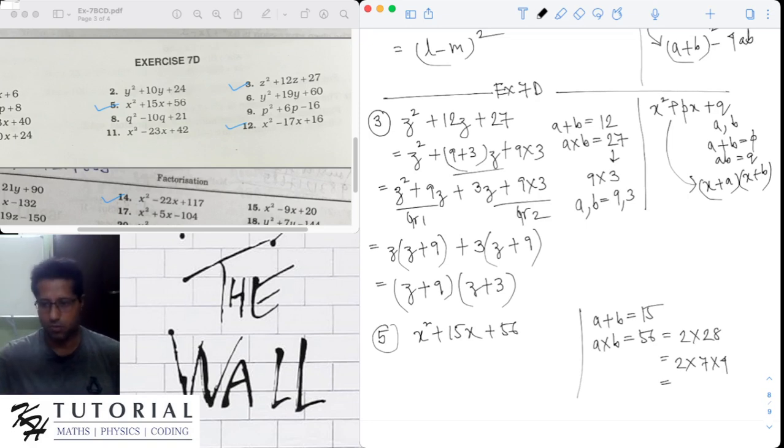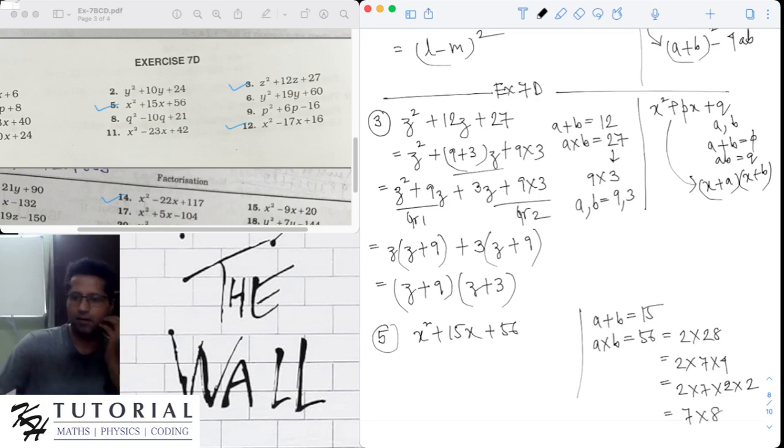Okay, so this can be further factorized as 7 into 4. 4 can be written as 2 into 2. Now I can see 7 as A, and I can consider 2 into 2 into 2 is 8, so 7 into 8. So I can clearly see that 7 plus 8 is 15 and 7 into 8 is 56.